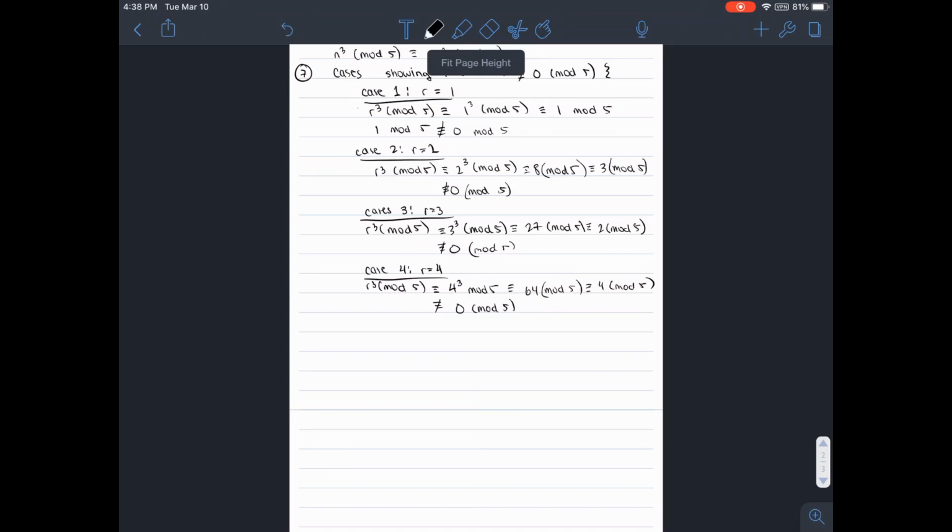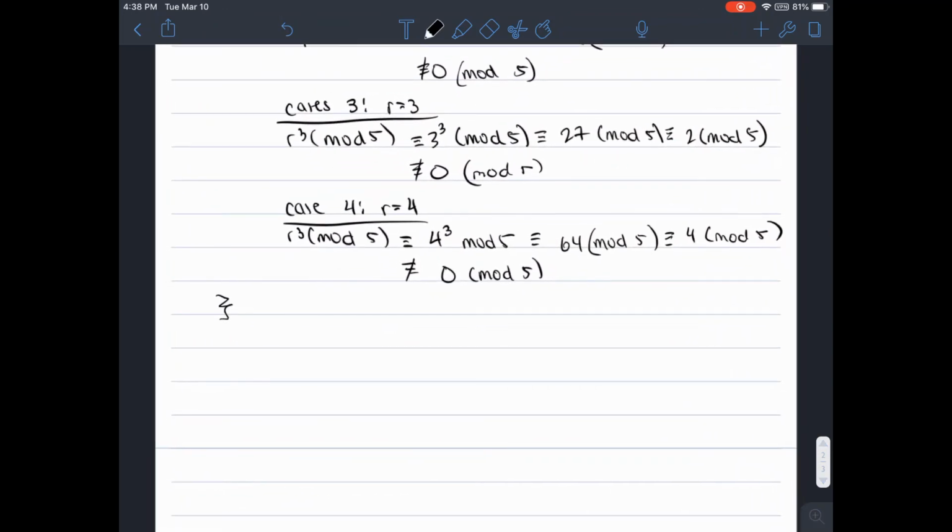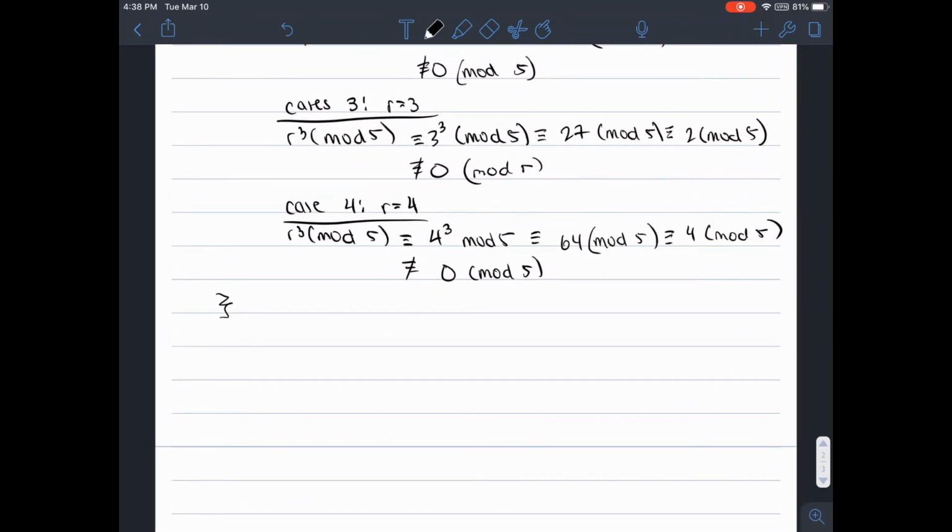So running through all possible cases and doing this by exhaustion shows us that there is no case where r cubed mod 5 is equivalent to 0 mod 5.